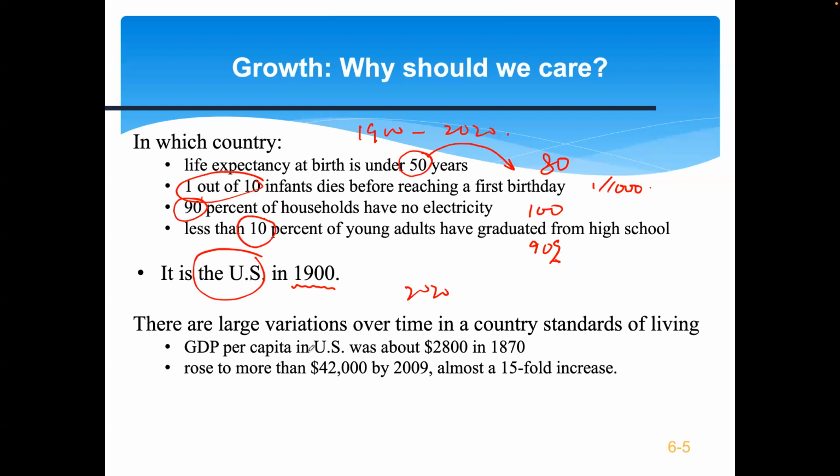If you look at the history, in the United States, the per capita GDP, in real terms, was only about 2,800. This number rose to 42,000 in 2009. This is almost a 15-fold increase.